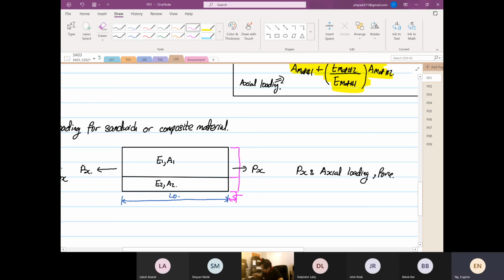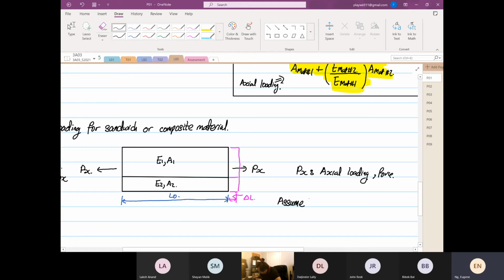Sorry, is your delta L, your change in L, right? So we make an assumption. This assumption is to make our calculation easier. I repeat again, this assumption is to make our calculation easier.